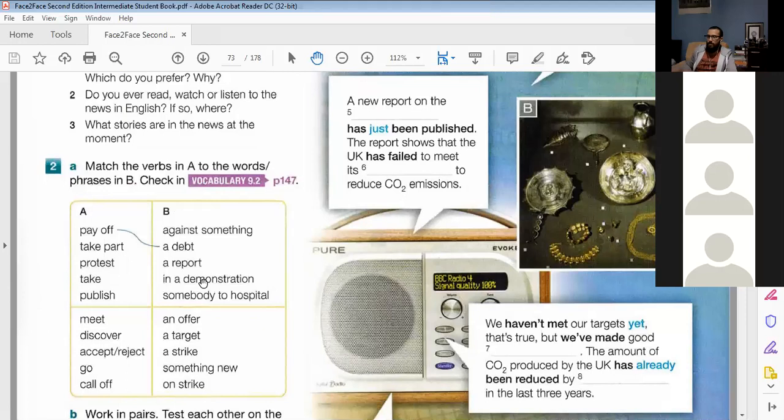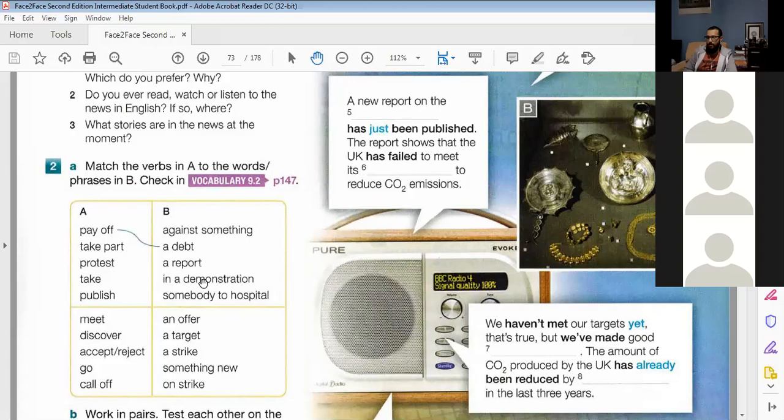We haven't met our targets yet, that's true, but we've made good progress. The amount of CO2 produced by the UK has already been reduced by 2.7% in the last 3 years, which will help reduce global warming. But we could and we should do better, and I'm sure that we will.